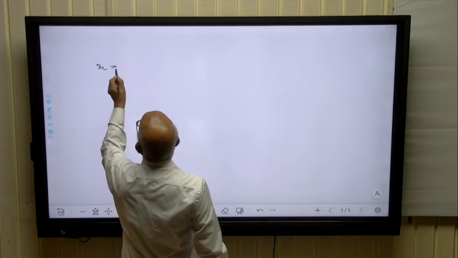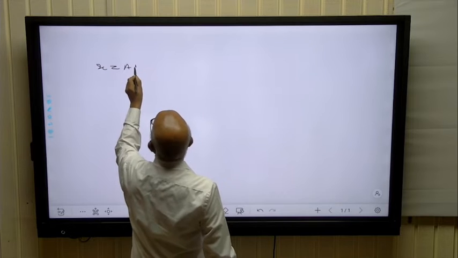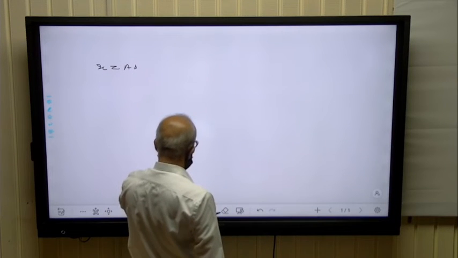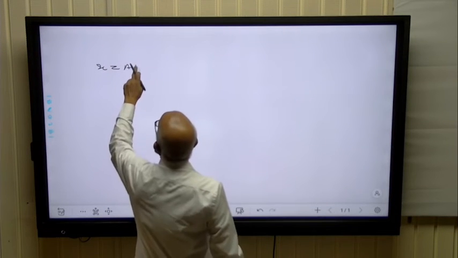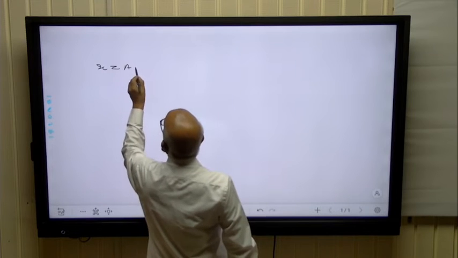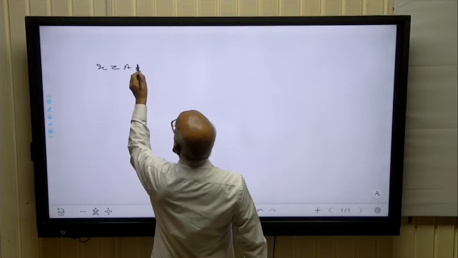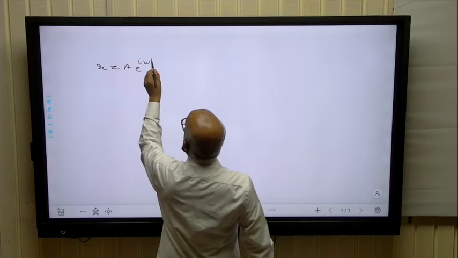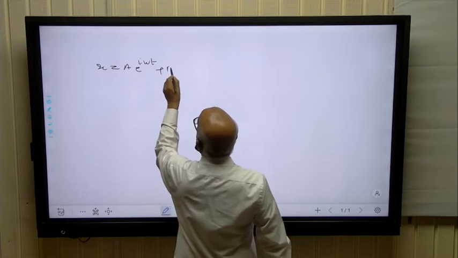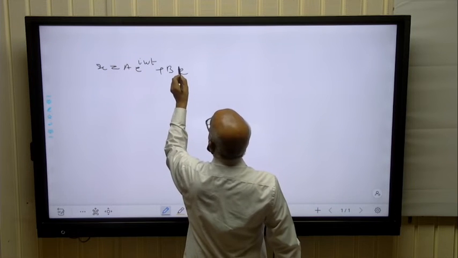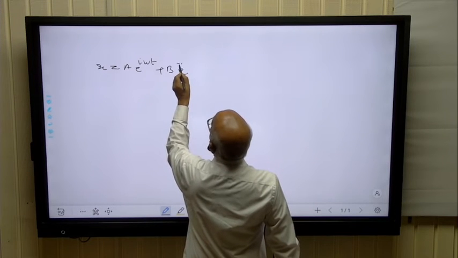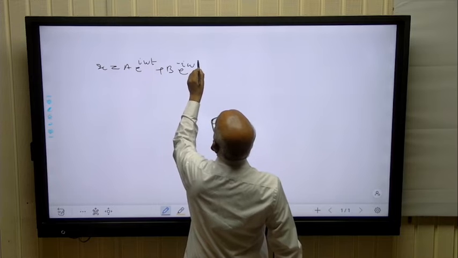x is equal to a e raised to power iota omega t plus b e raised to power minus iota omega t.